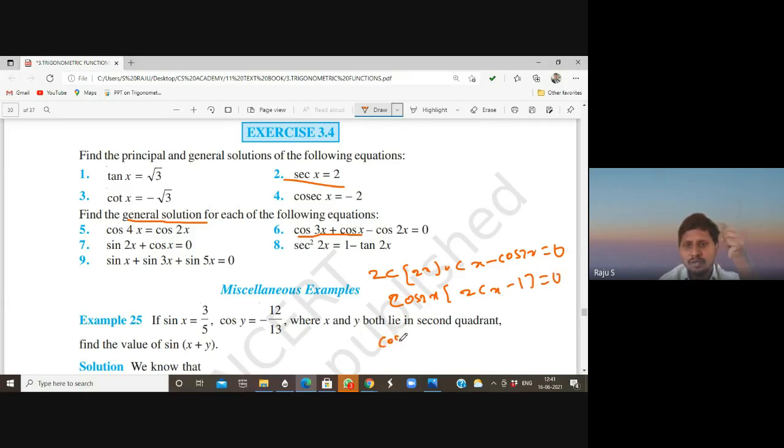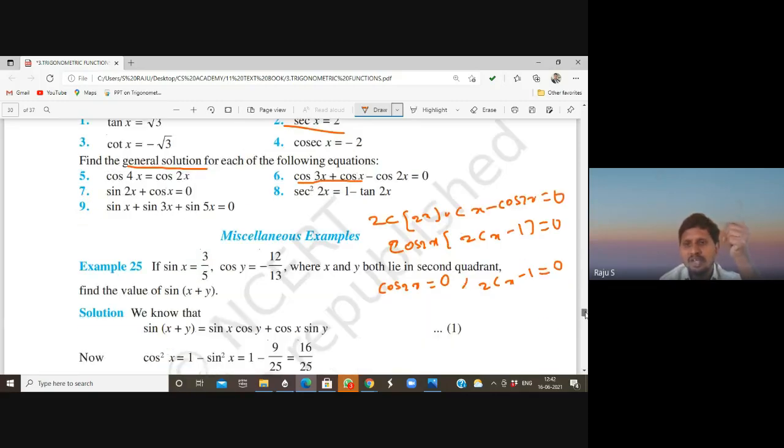Here cos 2x is equal to 0 or 2 cos x minus 1 is equal to 0. Cos 2x is equal to 0 means the general solution is 2x is equal to (2n plus 1) into pi by 2. From the second one, 2 cos x minus 1 is equal to 0, so cos x is equal to 1 by 2.